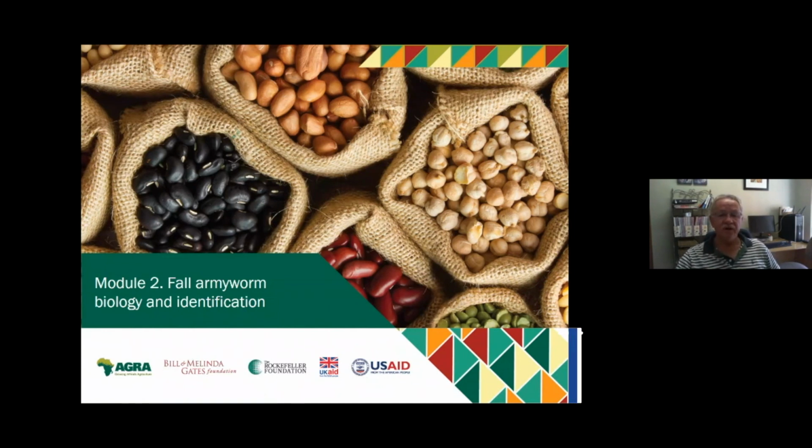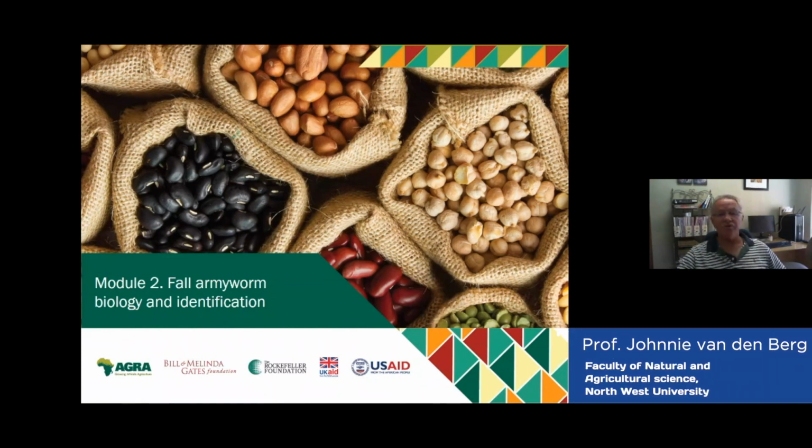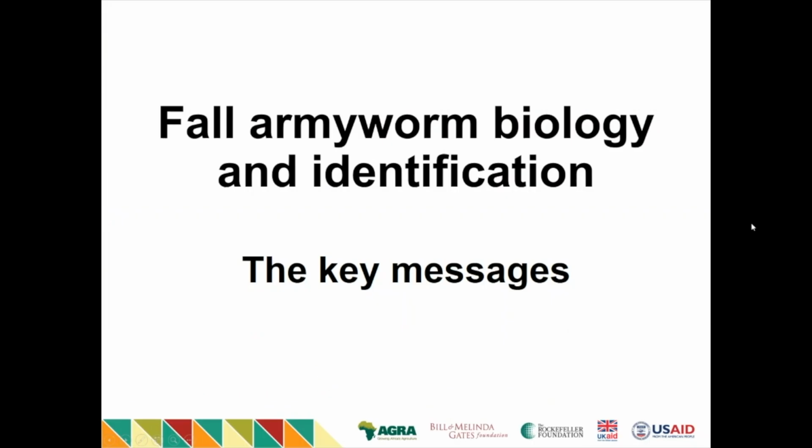Good day, everybody, and welcome to Module 2 on fall armyworm biology and identification. I hope you learn things today to convey to farmers in terms of these topics. The key messages I want to convey are the following.